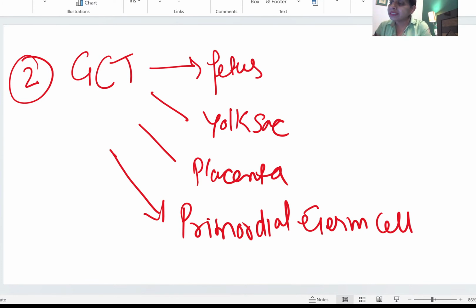It is not always that LDH is raised. Basically, the dysgerminoma tumor has many tumor markers, out of which the most common is LDH, and it also has alkaline phosphatase as its tumor marker sometimes.